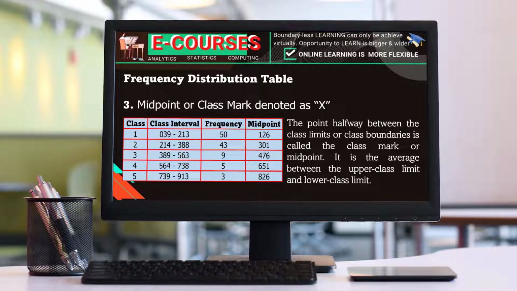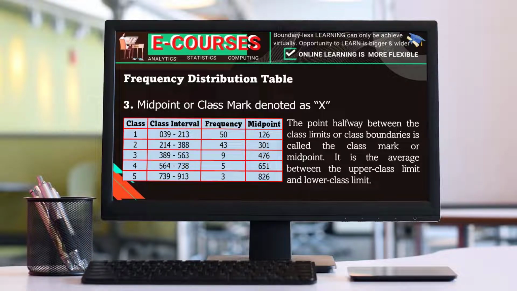The third component of the frequency distribution table is the midpoint or the class mark. Remember, during the first video, the class mark is denoted by the symbol X, or sometimes M. How to do the midpoint? Simply get the average of the class interval.